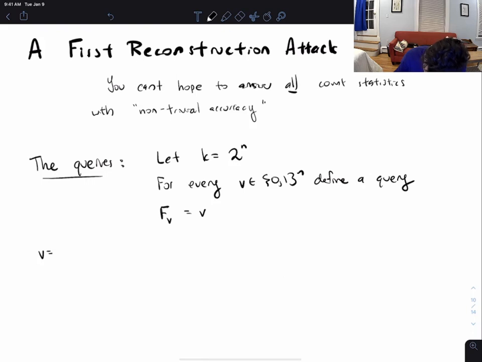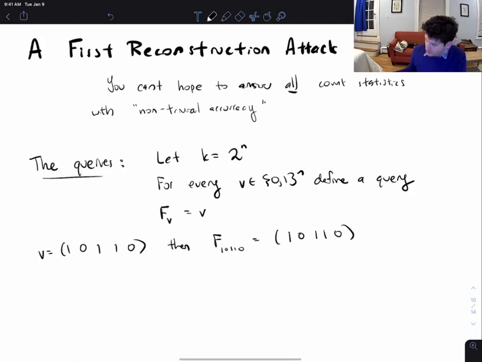I mean, if v is 1, 0, 1, 1, 0, then we just choose the query so that it is exactly that vector. So we construct some phi so that we get exactly this vector as the query. All right, and my set of queries is going to be f sub v for all v in {0,1}^n.